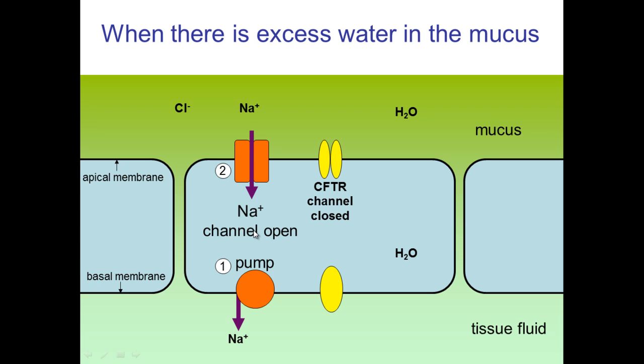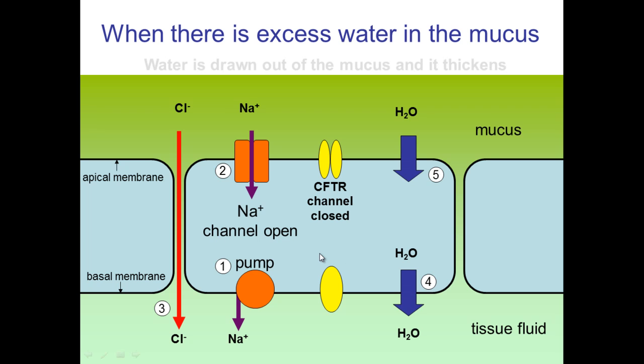Some of the sodium ions in the mucus move into the epithelial cells, and some chloride ions could be directly pumped through channels between the cells. Because those ions have been moved out of the mucus, they change the water potential in the mucus, and therefore water moves from the mucus into the epithelial cell, making the mucus thicker.